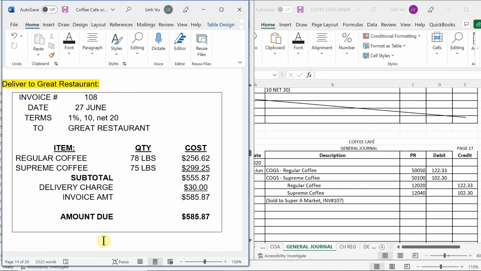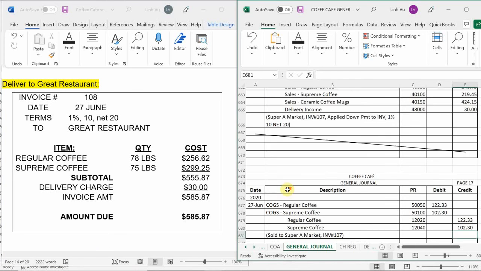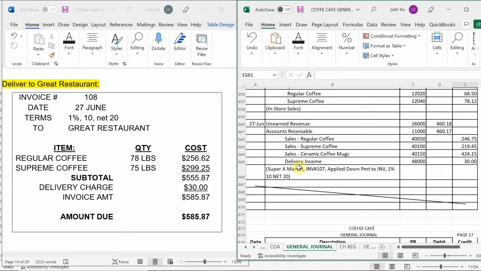So in this case, he sold regular coffee, 78 pounds. Okay. And then he sold 75 pounds of Supreme coffee, delivery charge of 30. So therefore, Mr. Great Restaurant owes us $585.87. Okay. So similar transaction, right? We got an accounts receivable for the regular and Supreme coffee.